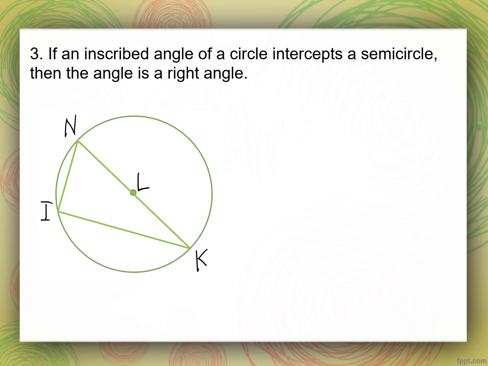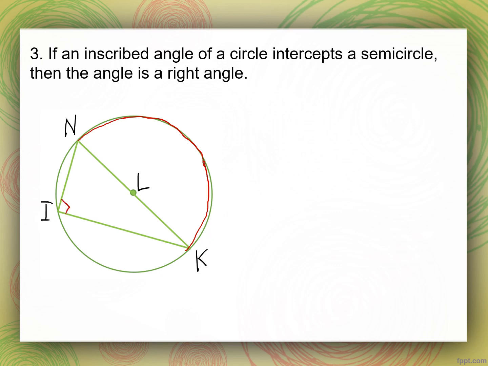And it intercepts arc NK, this one. Arc NK here is a semicircle. So since this is a semicircle, based on the theorem, the inscribed angle NIK is a right angle.